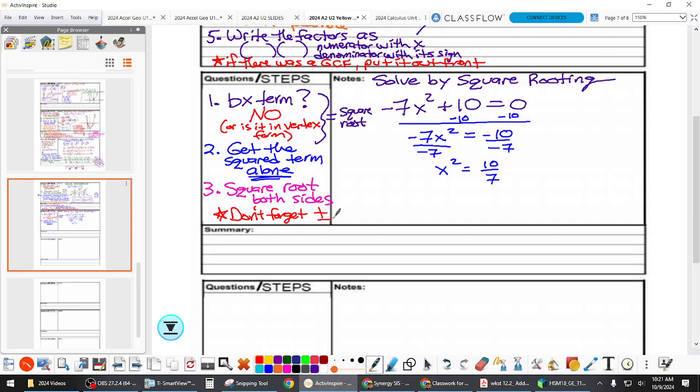So in other words, we have both. So we get positive square root of 10/7 and negative square root of 10/7. In other words, there's two options, right? That's done. That's quick. It'll get quicker as you do it more. Any questions on that method?